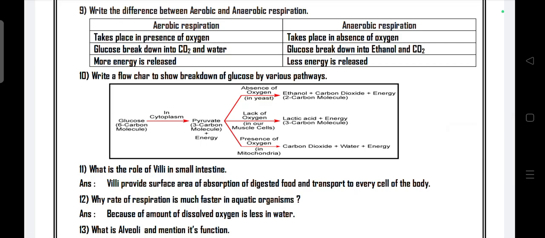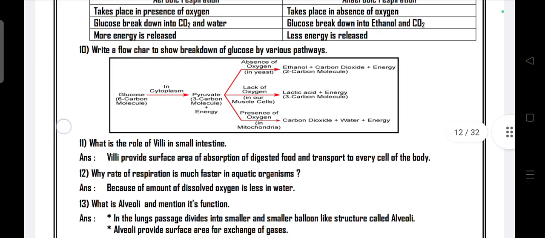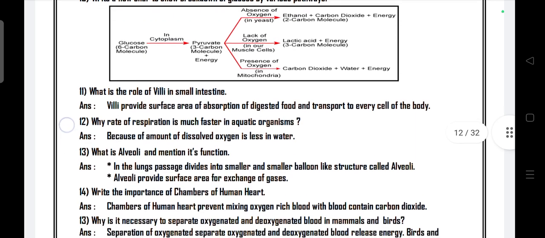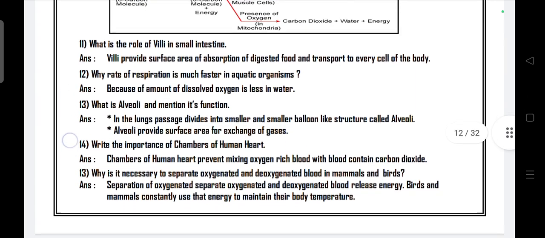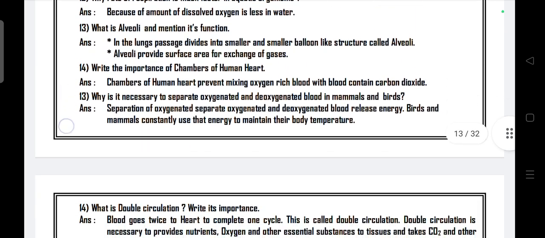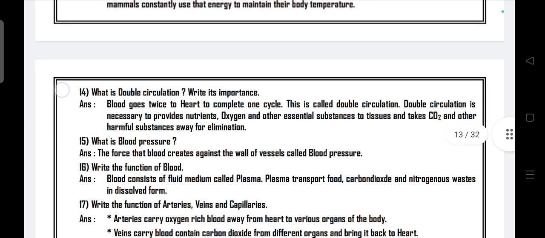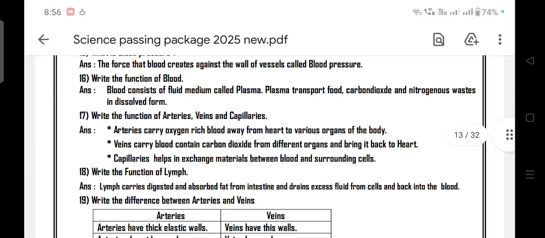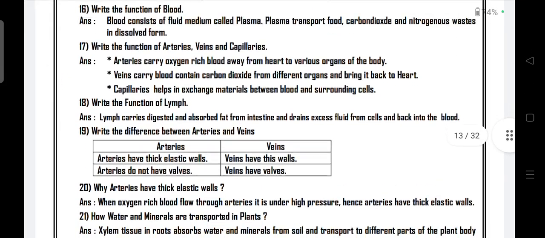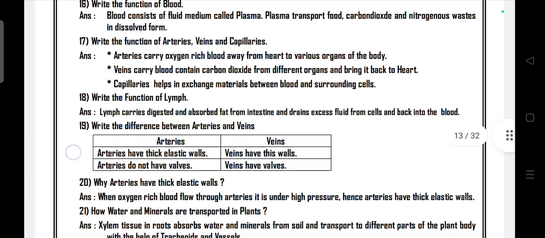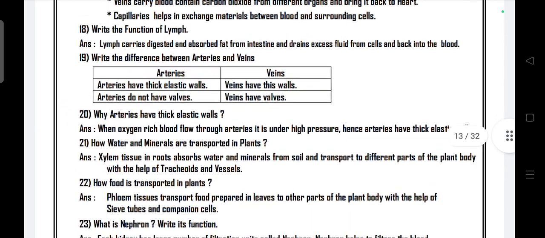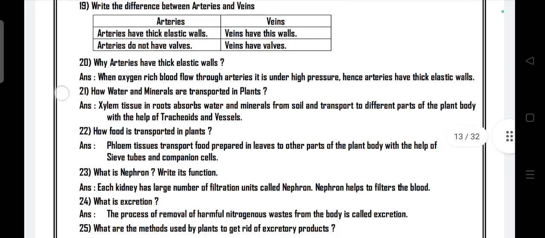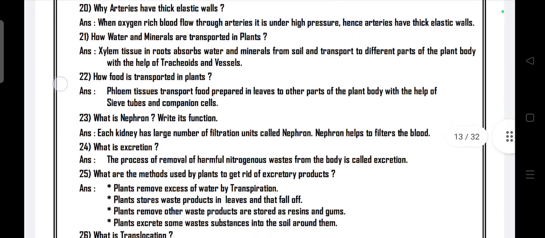For definition and for differentiation, both our answers are the same, so don't get confused. What is double circulation? It's important. What is blood pressure? Function of pressure. Write the function of artery, veins and capillaries. Difference between artery and veins. So important questions from this chapter.